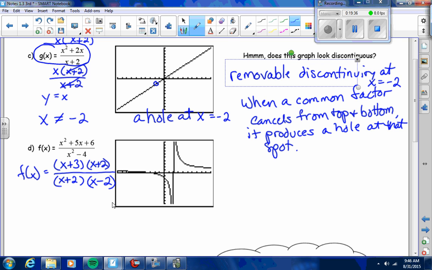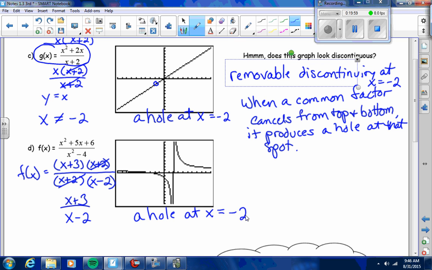Is there anything that cancels? X plus 2 cancels. So because that cancels, what's that giving us? Okay, x plus 3 over x minus 2. But in terms of the graph, when the x plus 2's cancel, what is that going to be on the graph? So that means we have a hole at where?